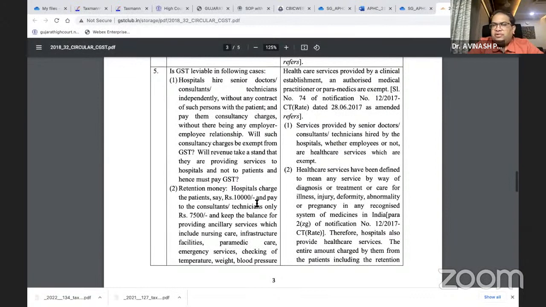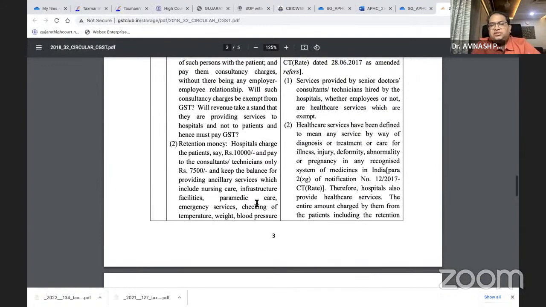Let's read the answer also one by one. Answer starts: healthcare services provided by a clinical establishment, an authorized medical practitioner or paramedics are exempt. The answer to the first question is that services provided by senior doctors, consultants, technicians hired by the hospitals, whether employees or not, are healthcare services which are exempt. So therefore, no GST. Next is retention money.